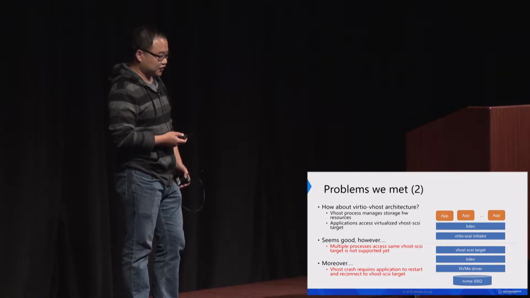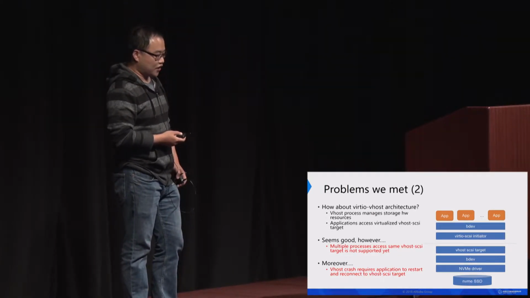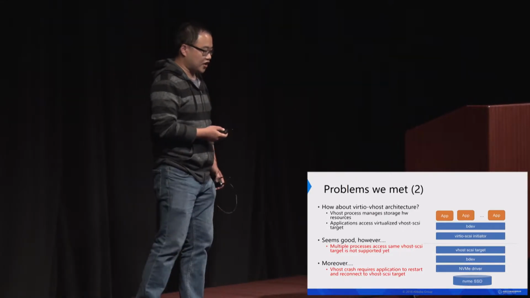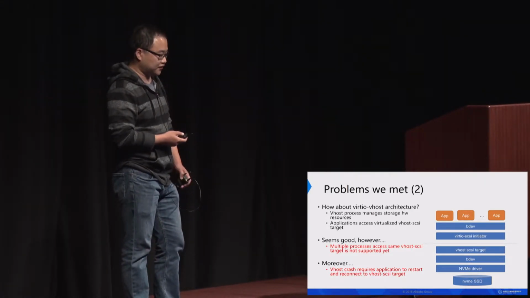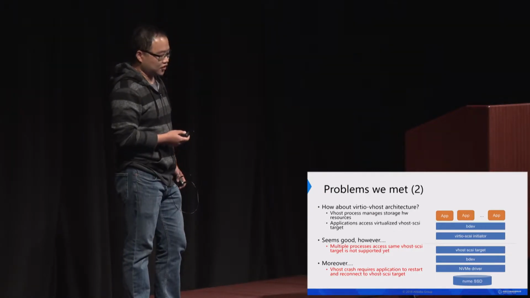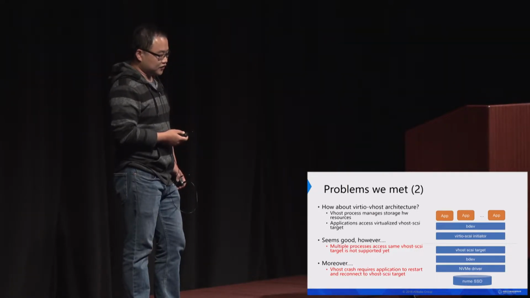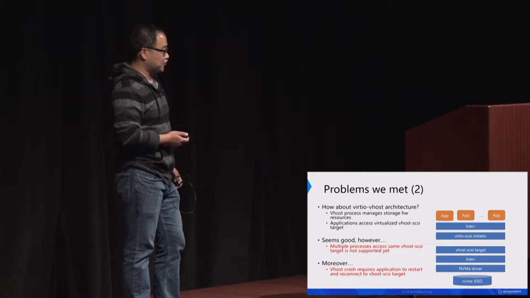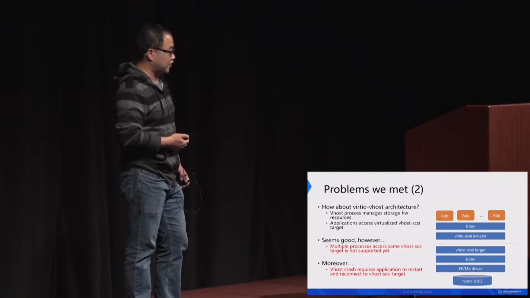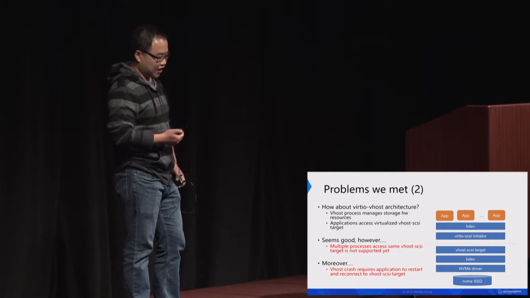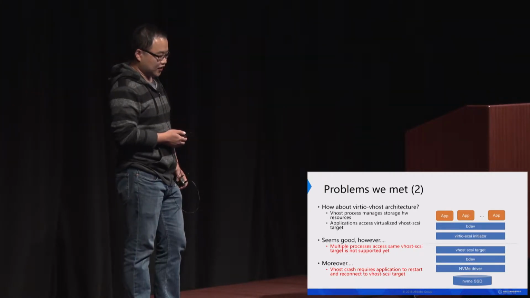This architecture provides a virtualized layer above the physical devices, so applications can just access the I/O devices, and vhost handles the actual physical device resources such as NVMe queue pairs and other resources.